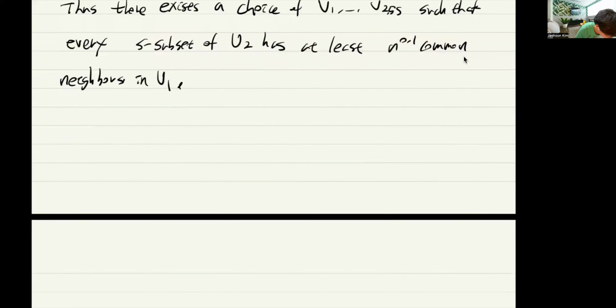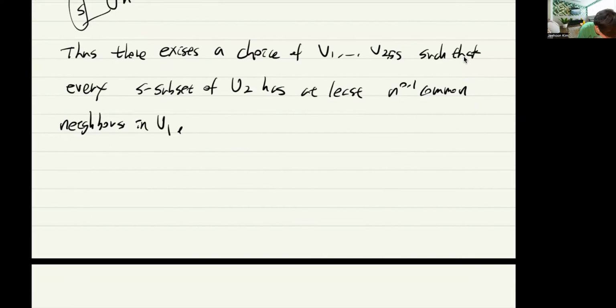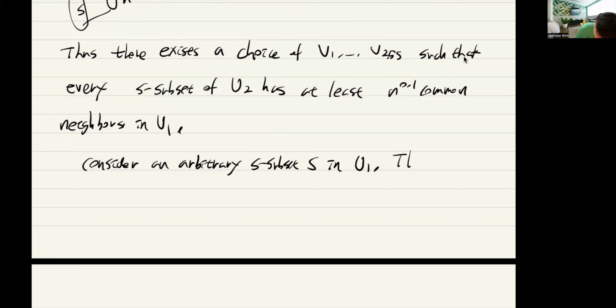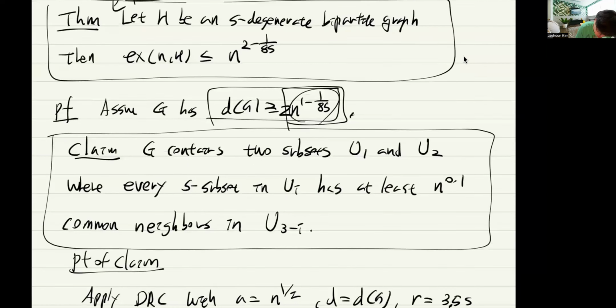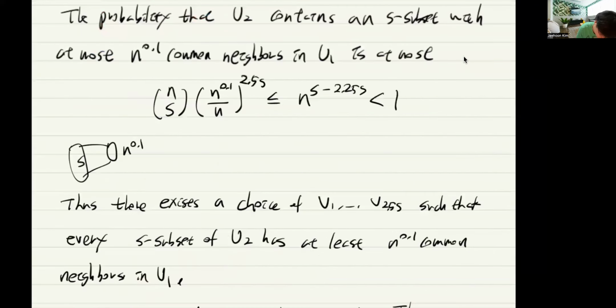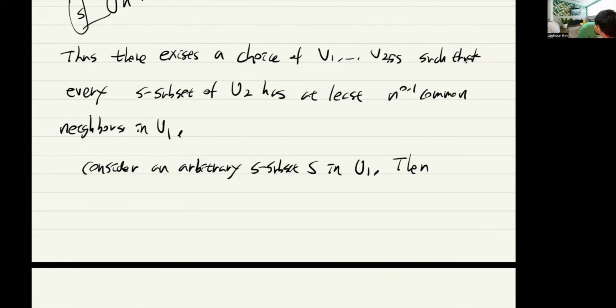Now, as we explained before, we consider an arbitrary s subset S in U1. This condition is okay when i is 2, and now we have to check whether it holds when i is 1.